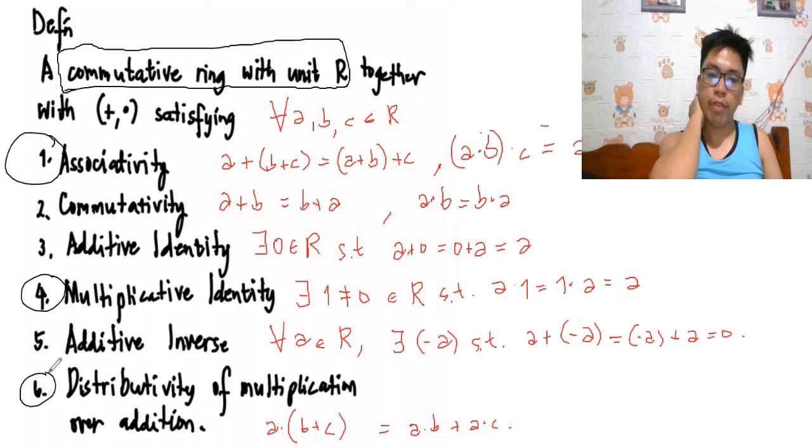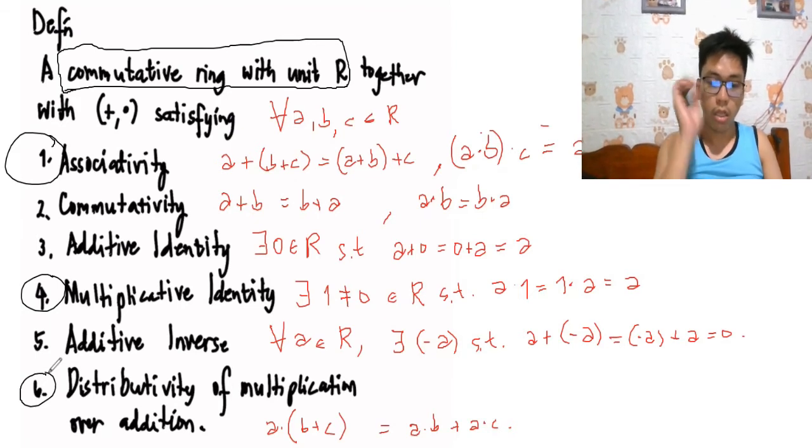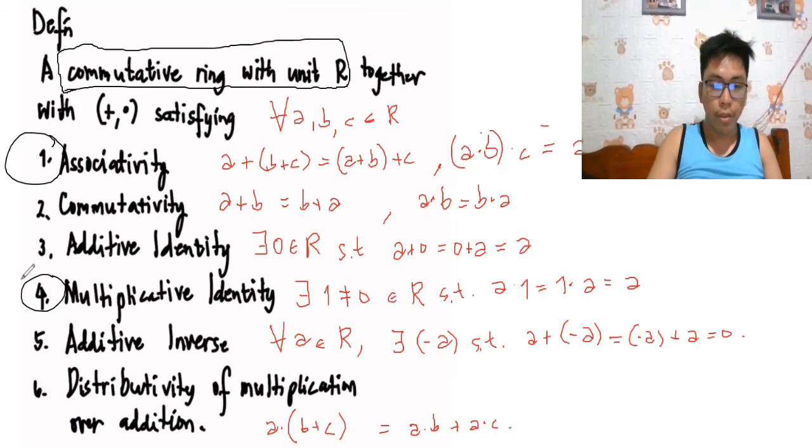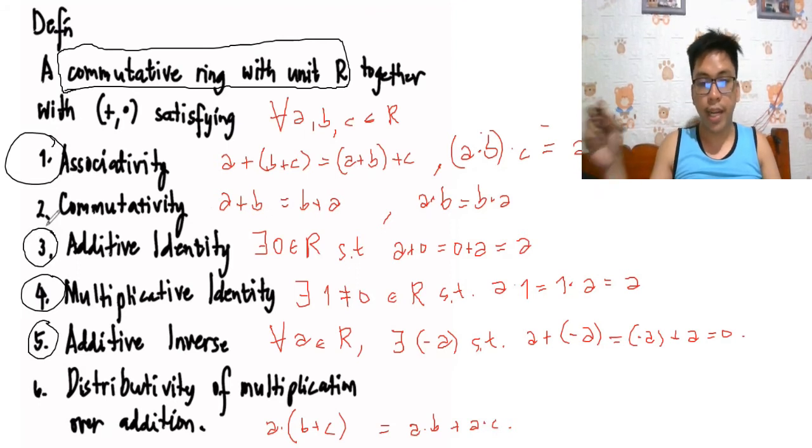Just want to make sure I'm doing it correctly. Oh, I mean here, sorry. This 4 and 5 here, and this 3 here, of course, there is an identity, or a multiplicative identity.